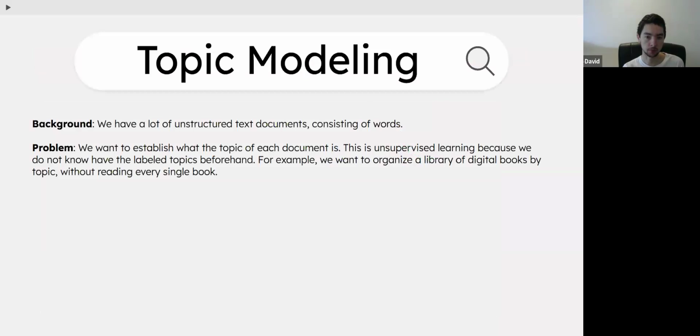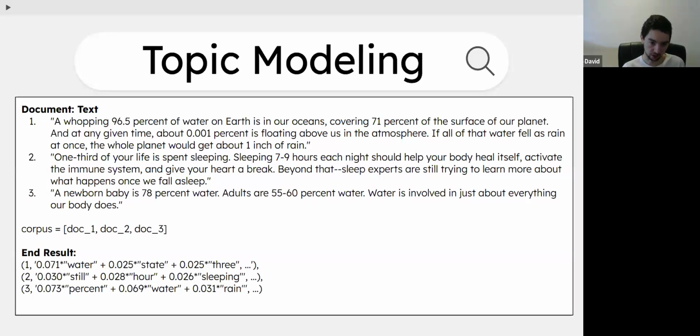It's kind of like clustering, except we're associating a word with each document, which is sort of like a vector. Here you can see the end results. The first document is partially about water and a state.